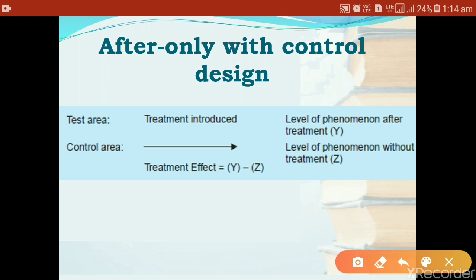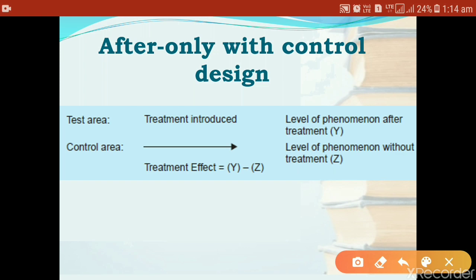Treatment impact is assessed by subtracting the value of the dependent variable in the control area from its value in the test area. The basic assumption in such a design is that the two areas are identical with respect to their behavior towards the phenomenon considered. If this assumption is not true, there is the possibility of extraneous variation entering into the treatment effect.